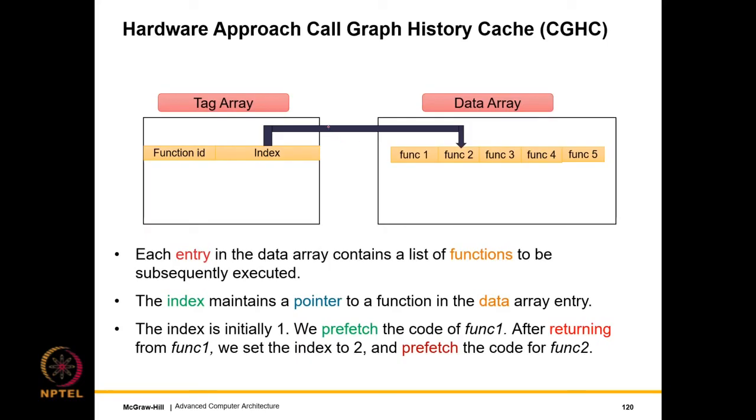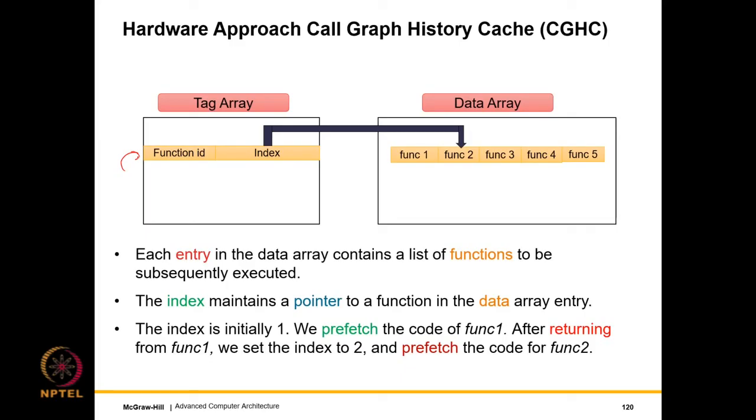The key hardware that is used to realize call graph prefetching uses a tag array and a data array. In the tag array, we have the function ID as the tag, in the sense that the function ID is used to index the entry, to find the correct entry. The function ID can very well be the address of the first instruction of the function.